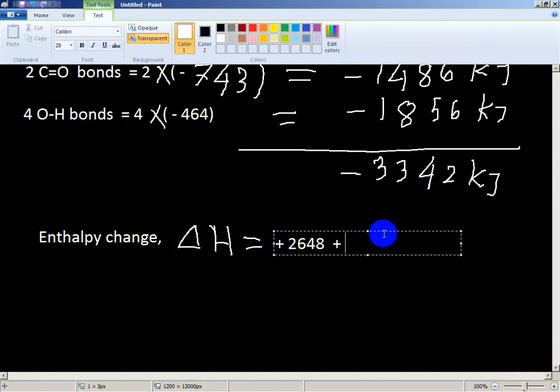This is the minus, so I should write this bracket minus 3342 kilojoule per mole. Okay, what is the energy total?